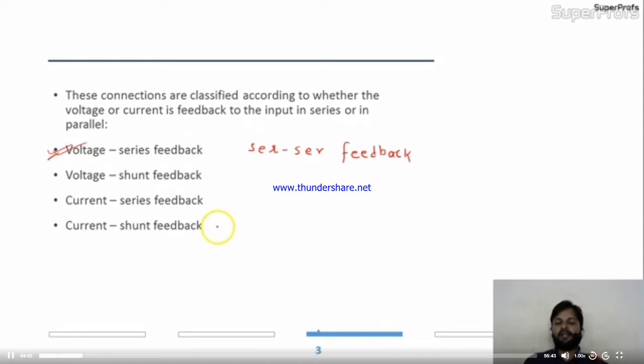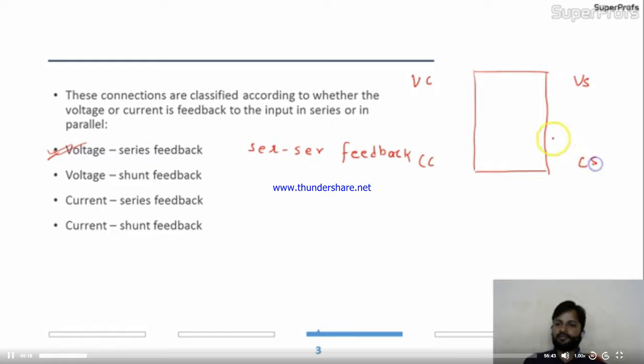Earlier I told you about input and output resistances for various amplifier stages: voltage control, current control, voltage source, or current source. If you have a voltage source at the input stage, you will have R infinity.